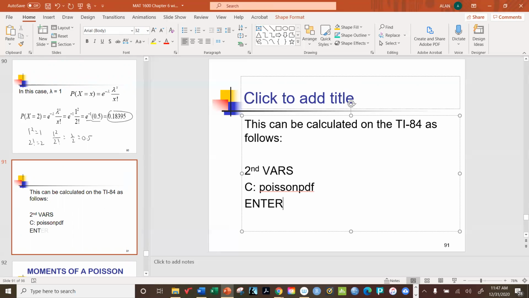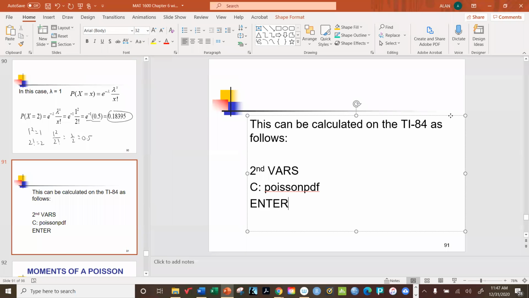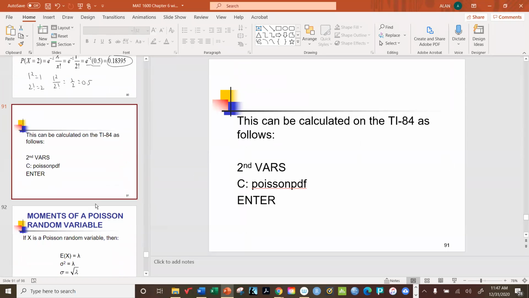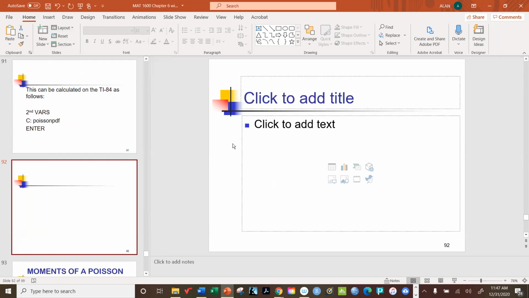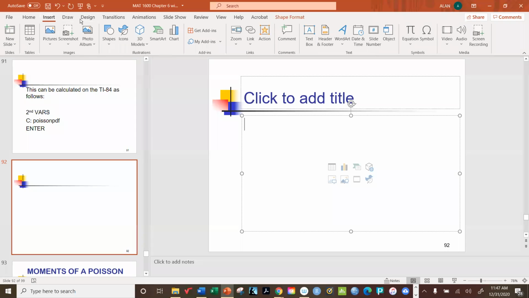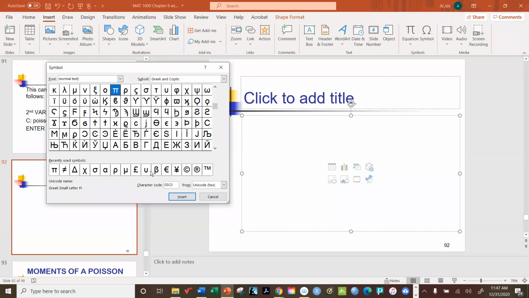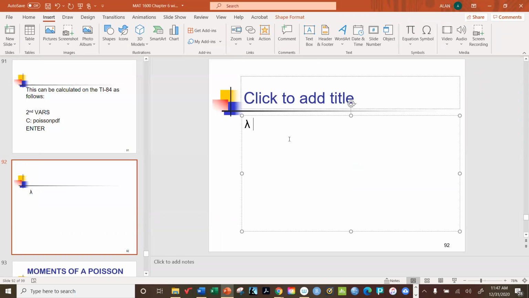Once you get to that point, it's going to ask you for two pieces of information. What could they be? Let's find out. It's going to ask you for lambda, which in this case is 1.